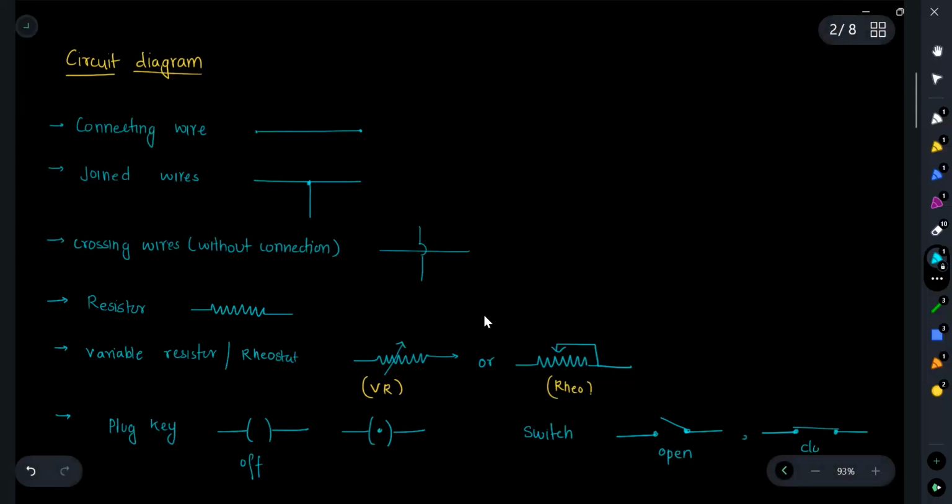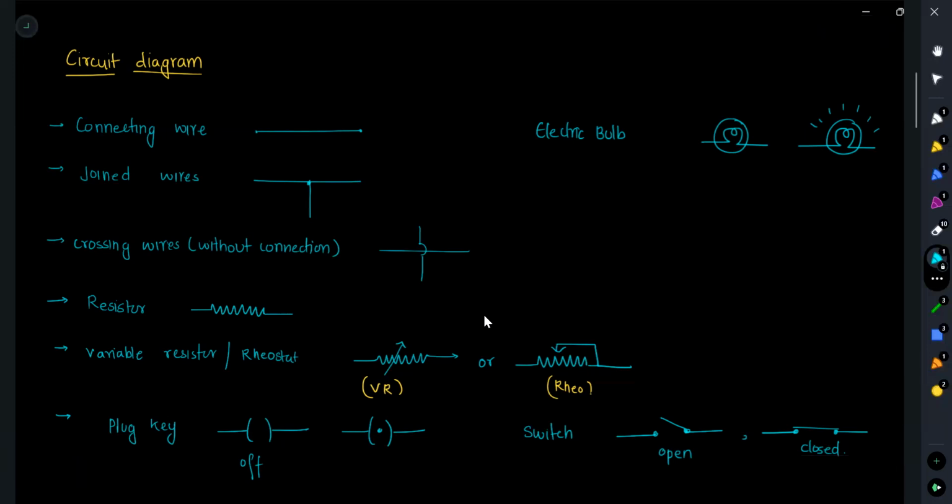Open, closed. Then we do have an electric bulb, which is sort of like this if it is not glowing, and if it is glowing, just make a few lines around it.